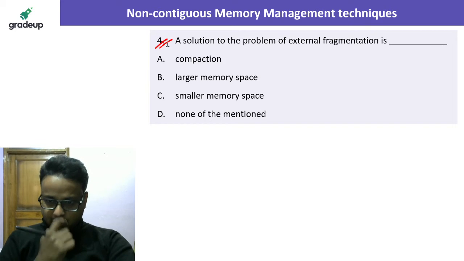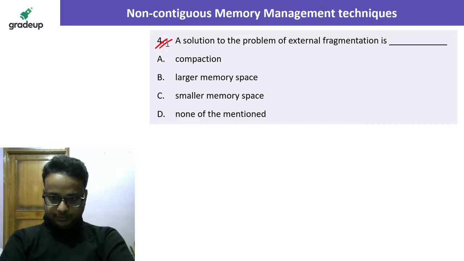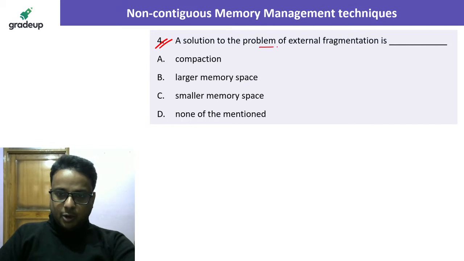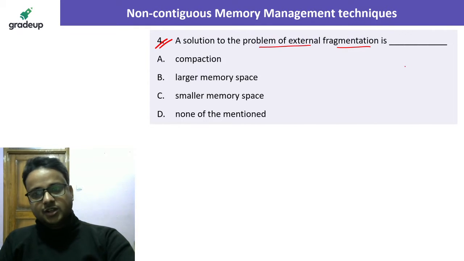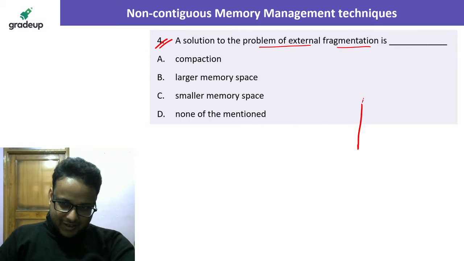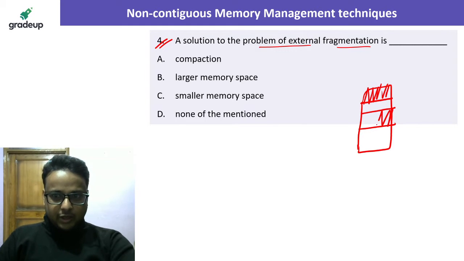Tell me the answer of this question number 4. A solution to the problem of external fragmentation is... So we want to remove external fragmentation. I think this question is very easy. Suppose we have allocated, then free, then allocated, then free, then allocated, like this.